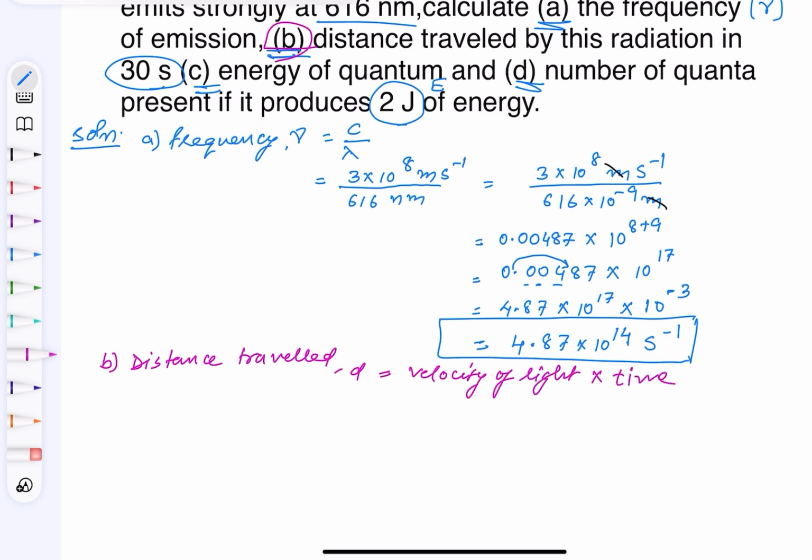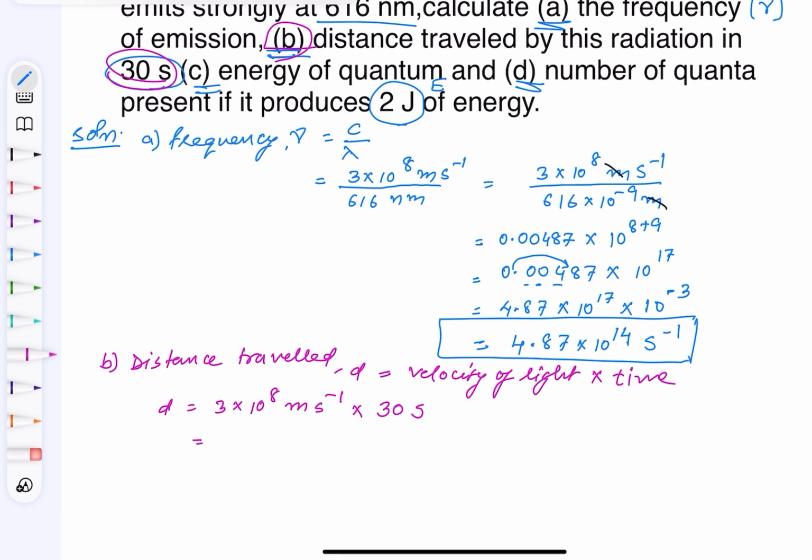So now let us try to solve the distance. Distance will be equal to velocity of light, which is 3 into 10 to the power of 8 meter per second, and time here you can see in the question is given to you as 30 seconds.